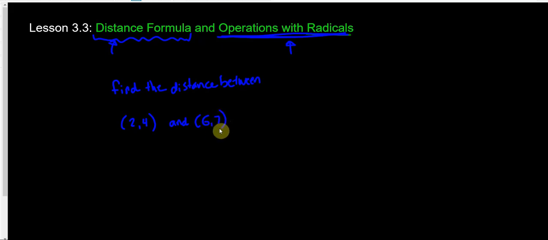6, 7. Okay. And if I wanted to understand the distance formula, I believe showing a graph would be the best way. So I have the point 2, 4, which is about right there, and 6, 7, which is about right there. And I'd like to find this distance.